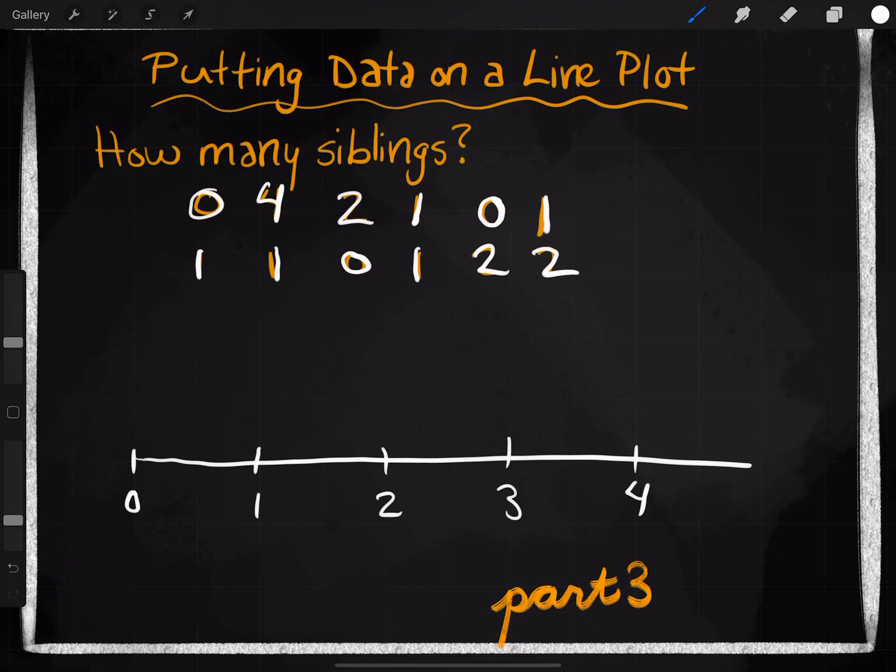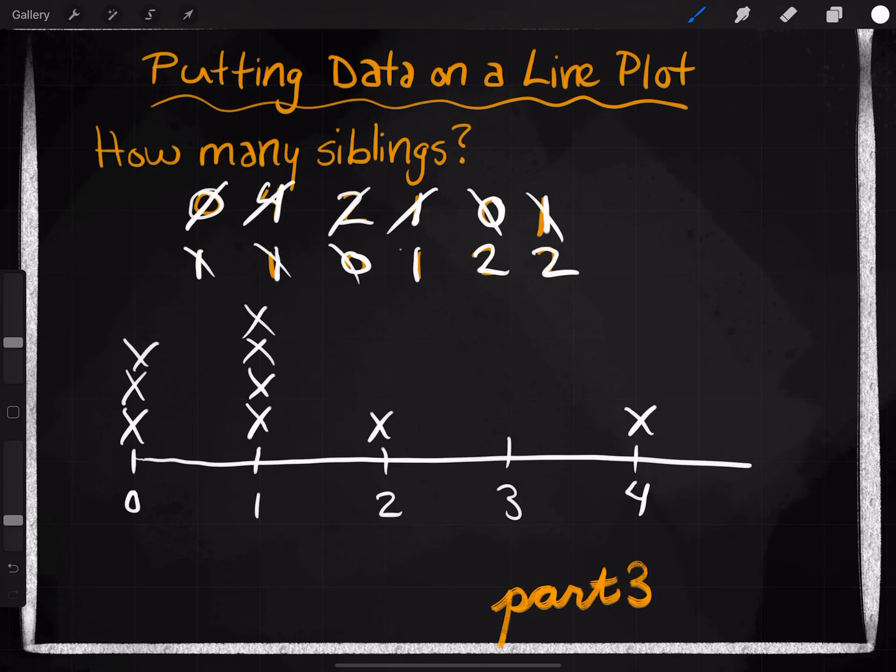So 0, make an X, 4, make an X, 2, make an X, 1, 0, 1, and I'm crossing out each one as I write it so I don't lose track. 1, 1, 0, 1, 2, 2.